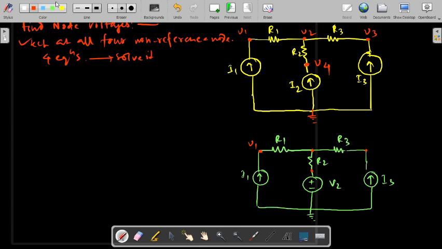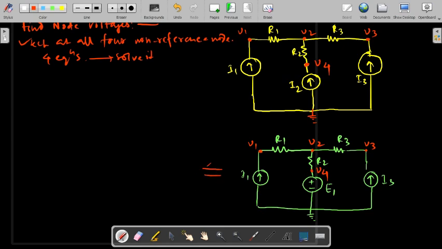Sorry, this is your capital V. Let me give some other name, E1. Let us write it as E1. So the nodes are V1, V2, V3 and V4. Now you see one thing.